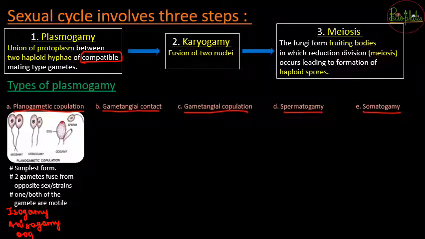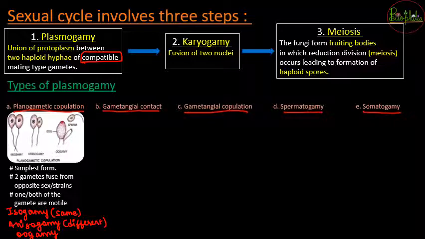So those are the 3 subdivisions of the first type, planogametic copulation. So what is the difference? It is between the gametes that are going to fuse. If it is isogamy, as the word iso means, the 2 gametes that are fusing are going to be the same size, shape, and structure, everything the same. And anisogamy means there are going to be different types of gametes mixing together, depending on size or structure or components inside them.